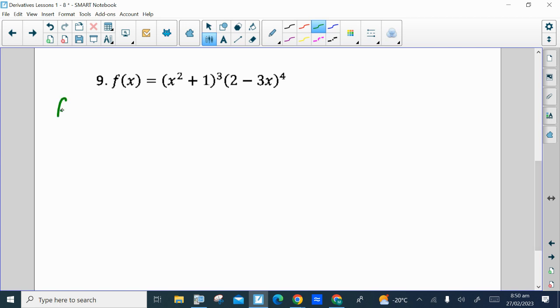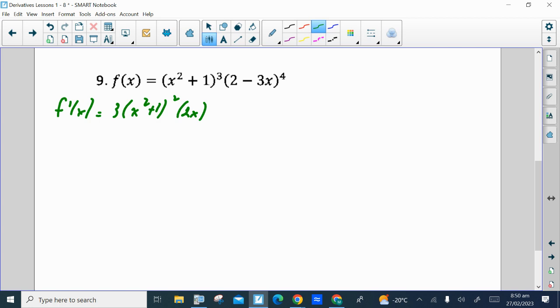So f prime x says, because it's a product here, we're going to take the derivative of the first factor, which we're going to have to use the chain rule to do. This is the derivative of that first factor. And the first part of the chain rule is using the power rule, but we have to remember then we're also multiplying by the derivative of what's inside the bracket.